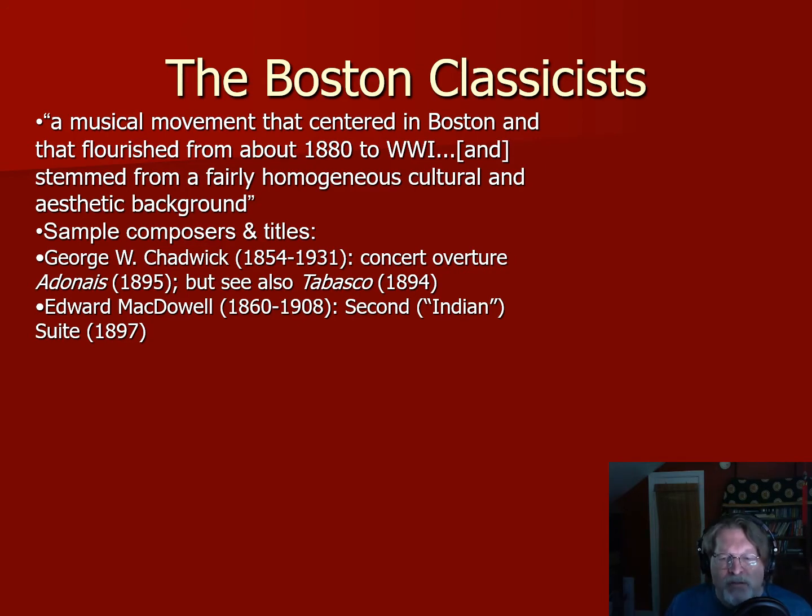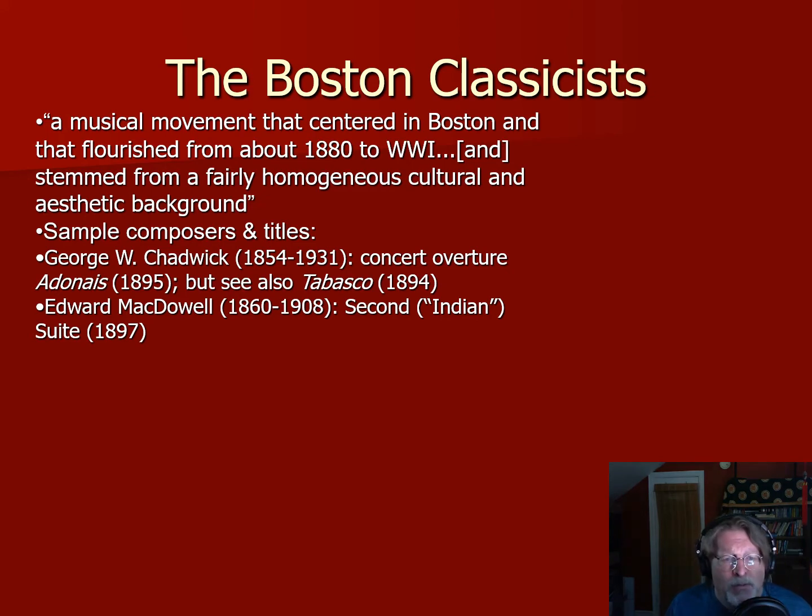But also he's very heavily influenced by what was at that time called Indian music. MacDowell was not knowledgeable about the music of indigenous Americans, and his music now, 120 years later, sounds rather disjunct and even rather appropriative or exoticist to us.